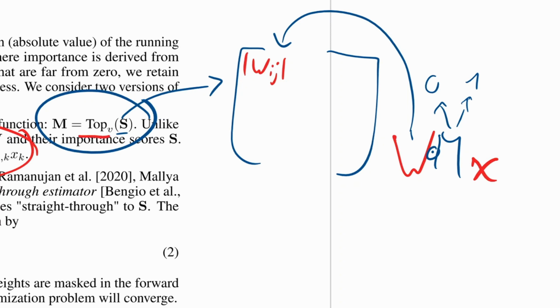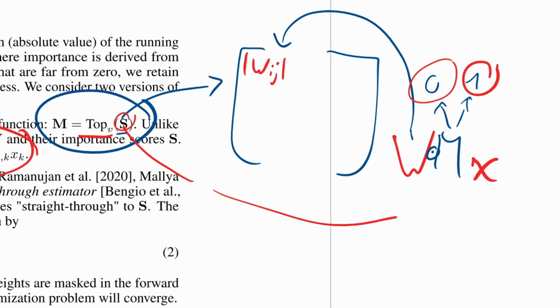Okay, and then the top v simply means that you take whoever are the most important, the most magnitude, those are going to be 1 in the mask, and everything else is going to be 0 in the mask. Okay, that's how the W determines the S, and the S determines the M. So what you ultimately use is the M right here.